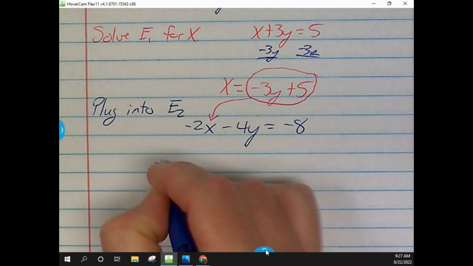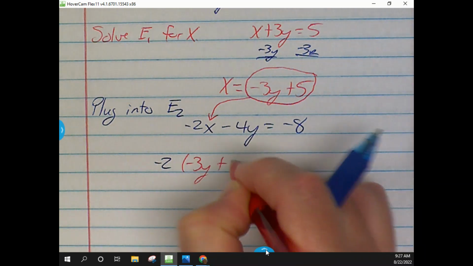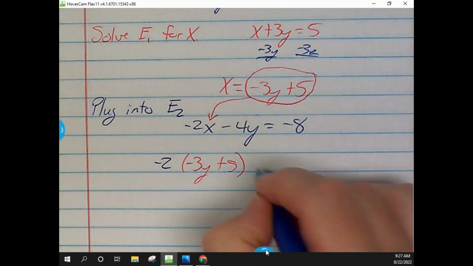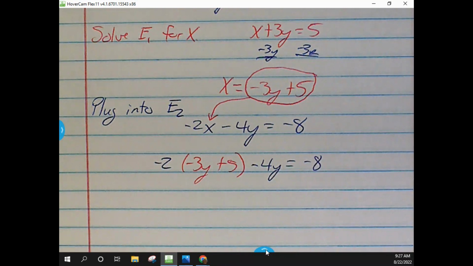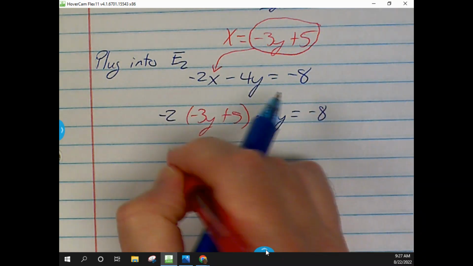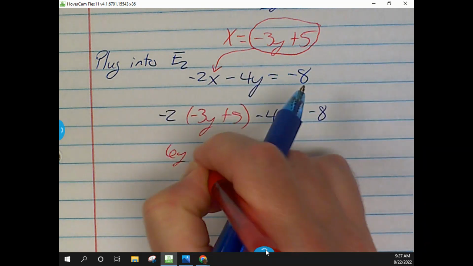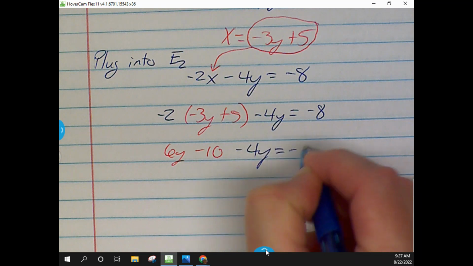All right, so that's negative 2 times negative 3y plus 5 minus 4y equals negative 8. All right, so then we're going to multiply everything by negative 2, so that's going to make that a positive 6y, make that a negative 10, minus 4y equals negative 8.